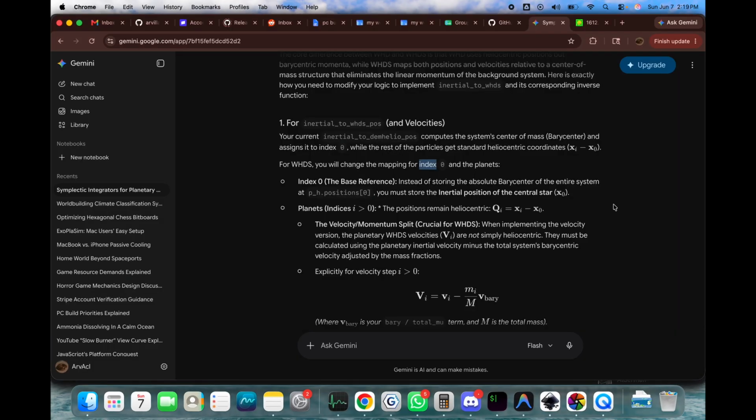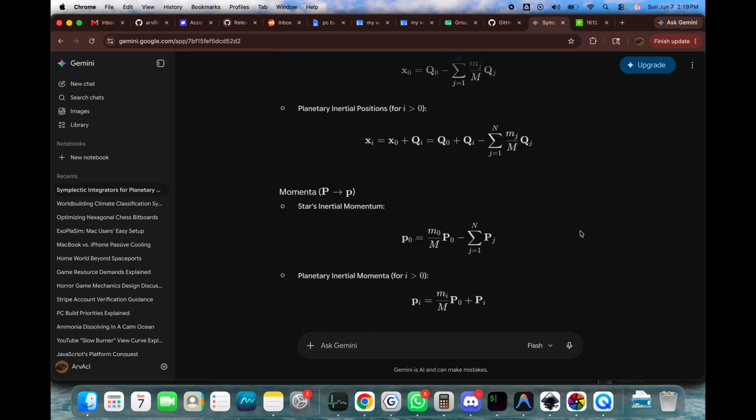The velocity momentum split. While implementing the velocity version, the planetary velocities are not simply heliocentric. They must be calculated using planetary inertial velocity minus the total barycentric velocity, adjusted for by the mass fractions.